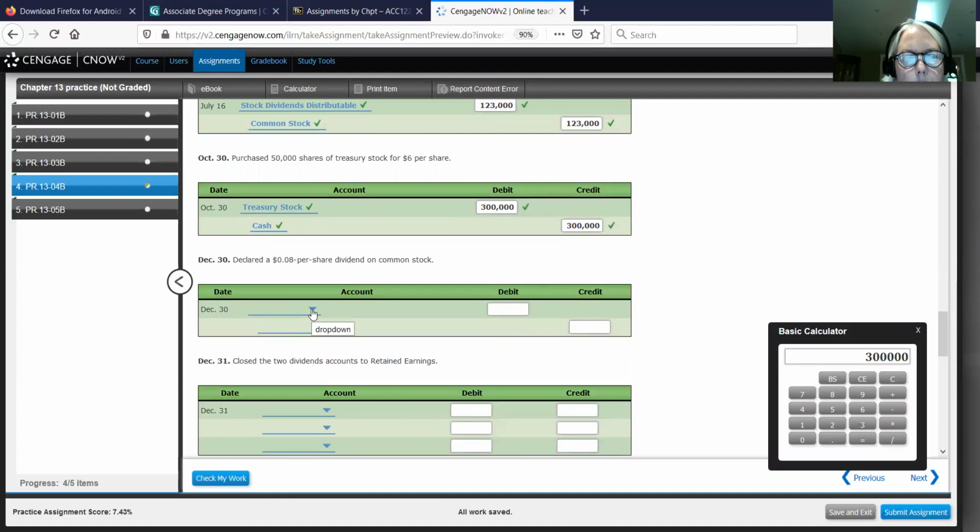So on December the 30th, we're declaring an 8-cent per share dividend on stock. This is a cash dividend. So we're going to debit cash dividends. Cash dividends are increasing. We've got to determine the amount of the debit. Remember from your Excel spreadsheet, the number of shares of common stock outstanding as of that date was 794,600.